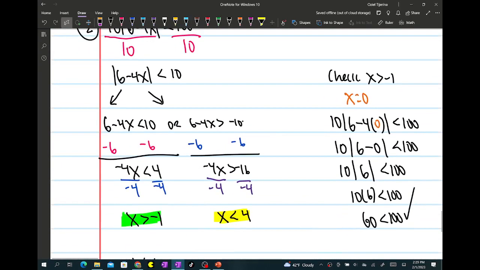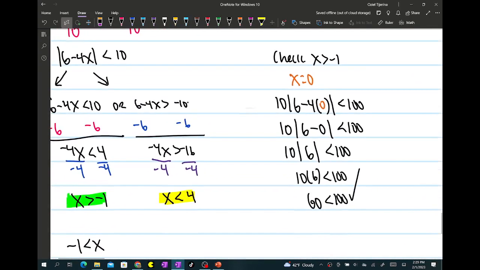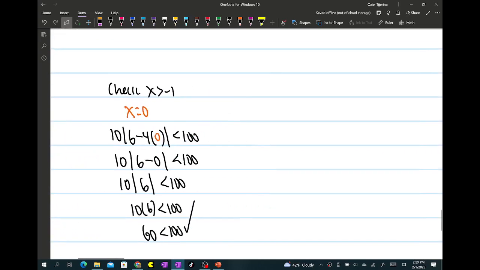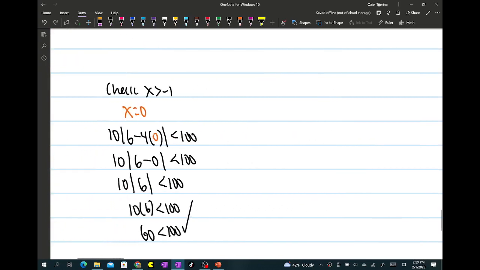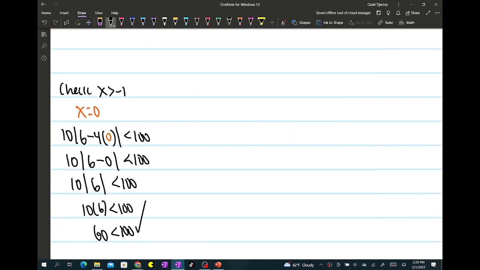Now if I pick something that's less than 4, I'm going to check this one. X is less than 4, right? I'll pick x is equal to 3.